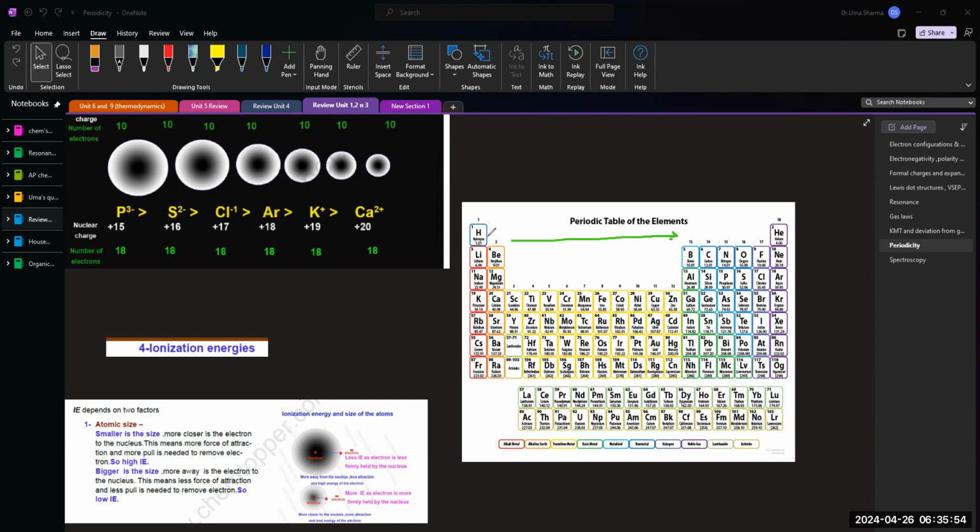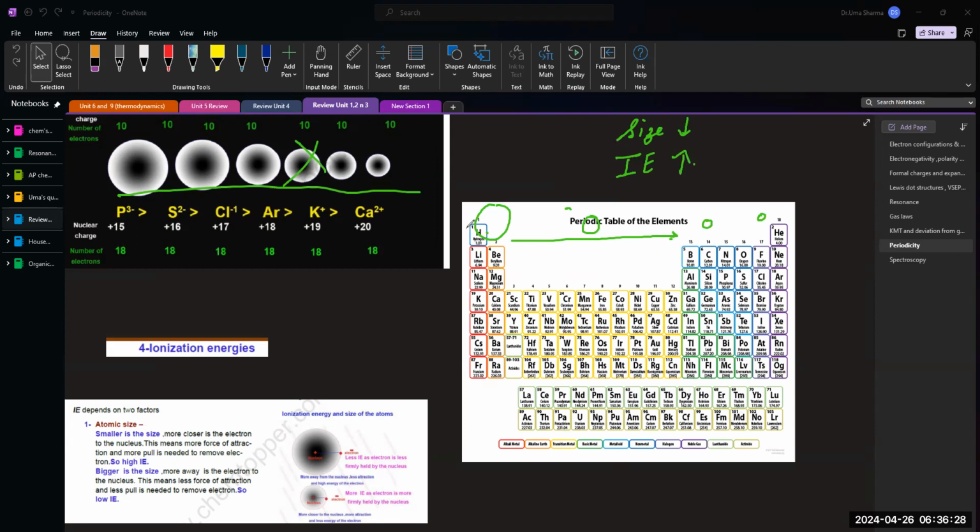Azuni is right. Across the period, atomic size decreases. See, this is across the period decreasing. Okay, this is isoelectronic species, it's a different thing. But across the period, we know that atomic size decreases, right? And ionization energy across the period will increase.